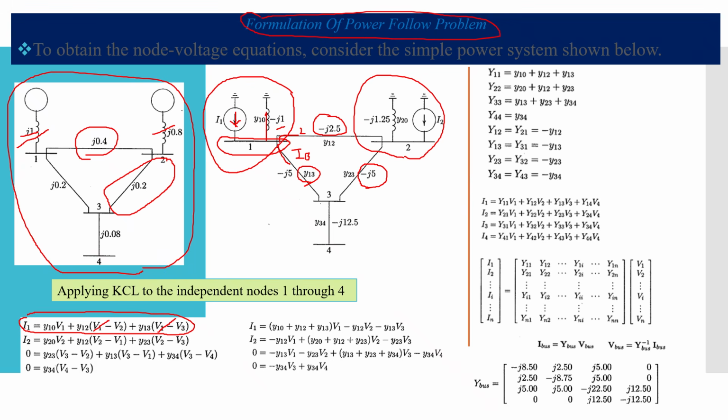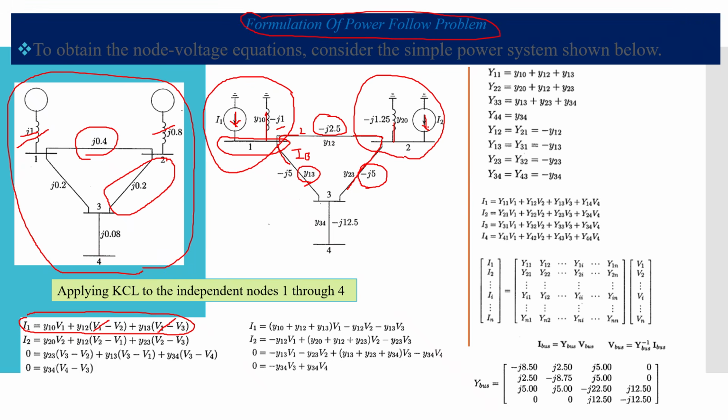Again, for bus 2, we can consider the current of generator 2 is injected to this bus, whereas current is going to the ground from bus 2. Again, current is going from bus 2 to bus 1, and the other current is going from bus 2 to bus 3. So we can apply the same principle as we did for bus 1.